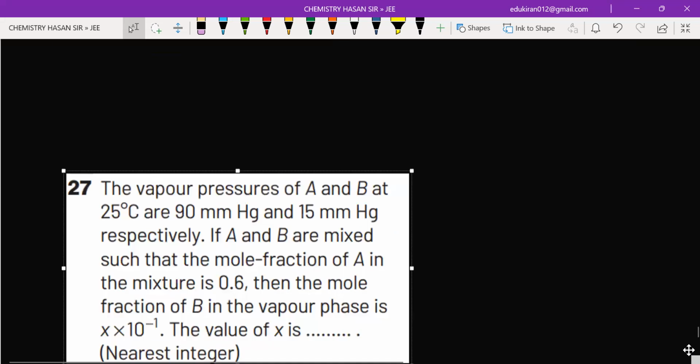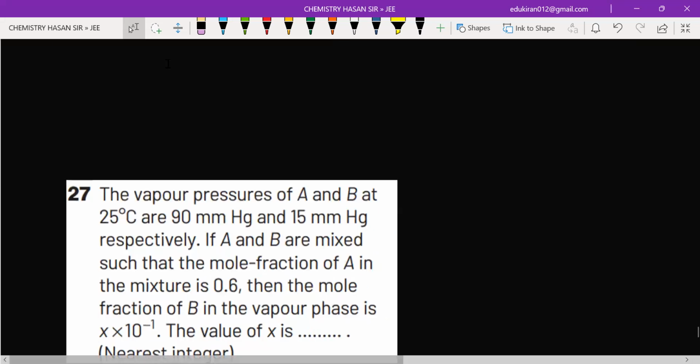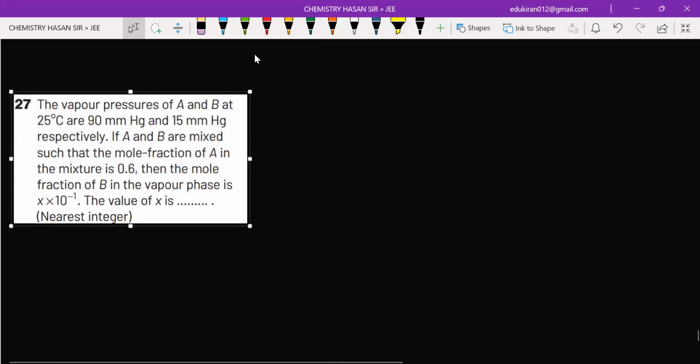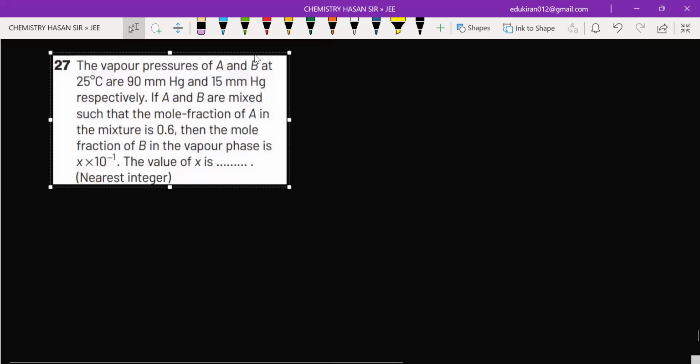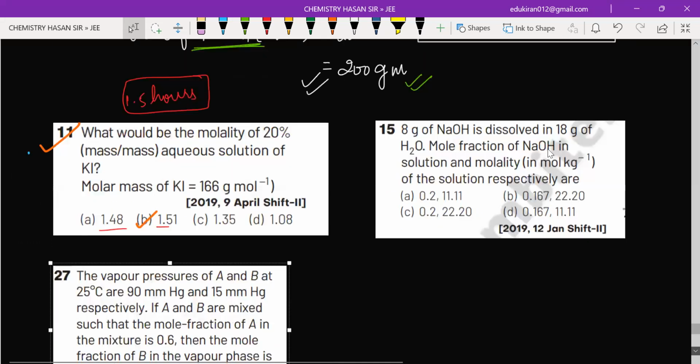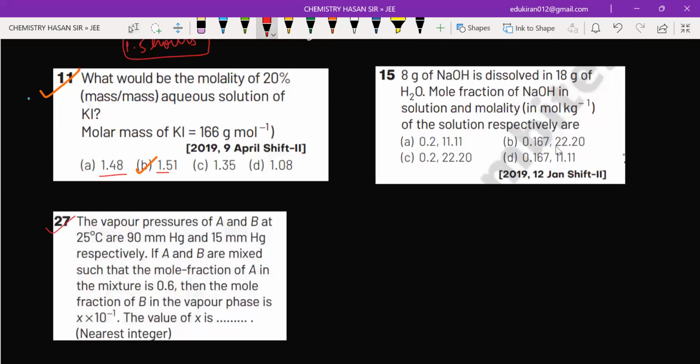Or not B. You have calculated only one part. Have you calculated the molality correctly? Yes or no? Or you have just calculated one part?